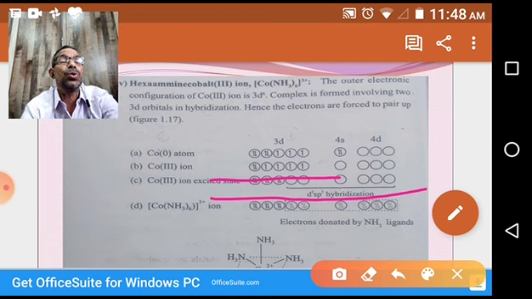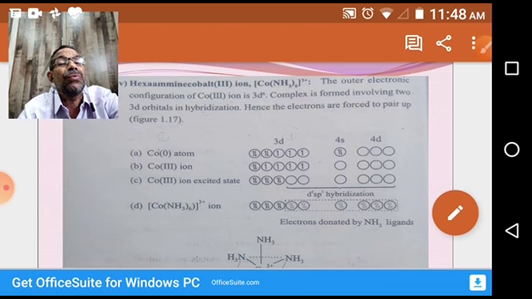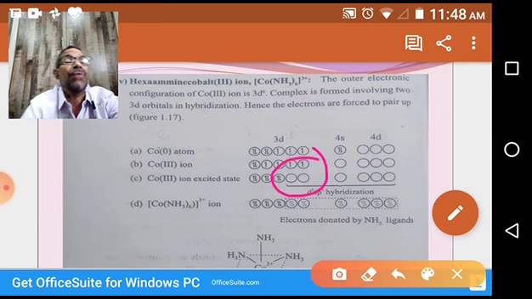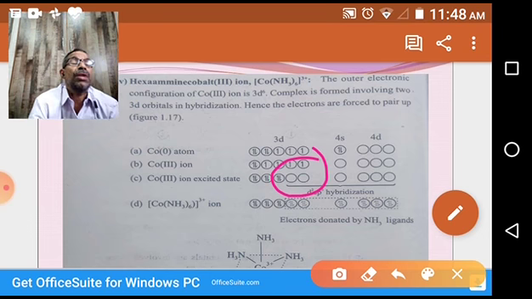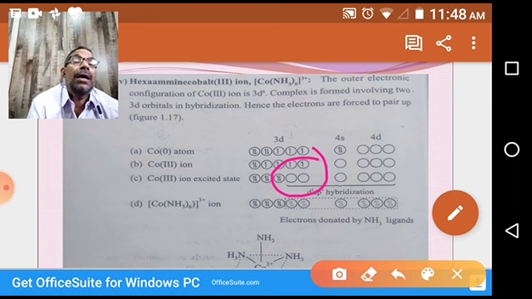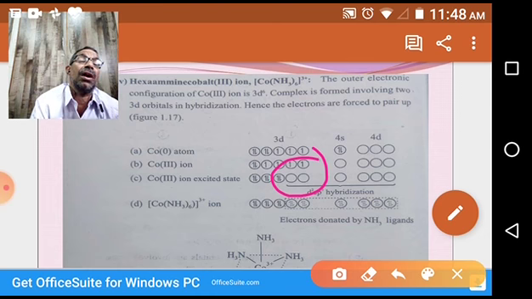Pairing takes place here, which goes against Hund's rule, but due to the electron pairing we have 2 d orbitals of 3d, 1 s orbital and 3 4p orbitals. Intermixing of the 4s orbital, 2 3d orbitals and 3 4p orbitals gives 6 vacant orbitals. Mixing of these 6 orbitals gives d2sp3 hybridized, 6 equal energy orbitals.